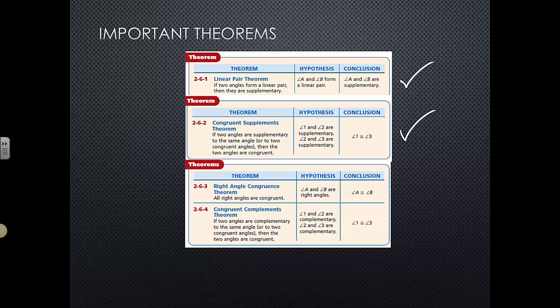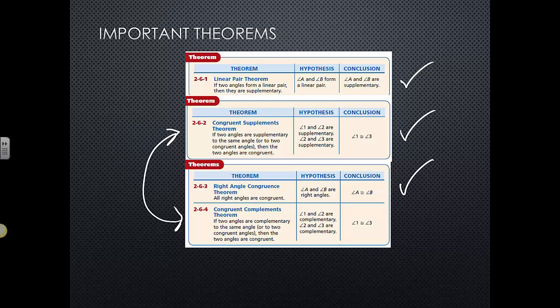That's the second one. The third one is the right angle congruence theorem, which says all right angles are congruent. If we were to write it as a conditional statement, it would read, if angles A and B are right angles, then angles A and B are congruent, or angle A is congruent to angle B. And the last one is the congruent complements theorem. It actually goes along with the congruent supplements theorem.